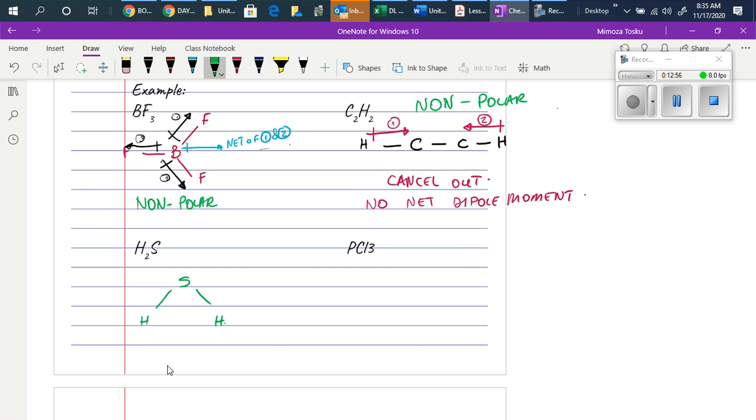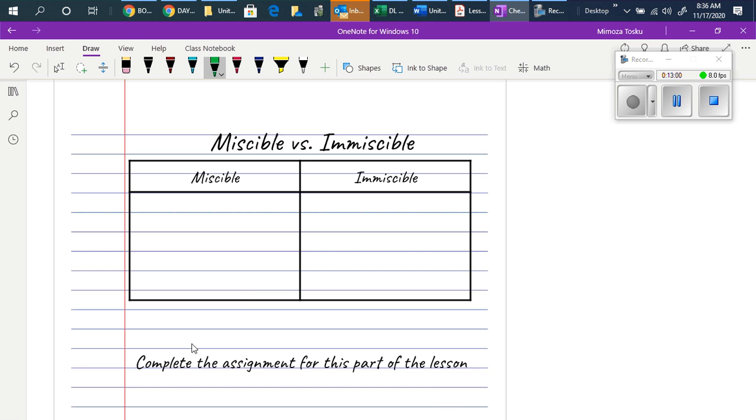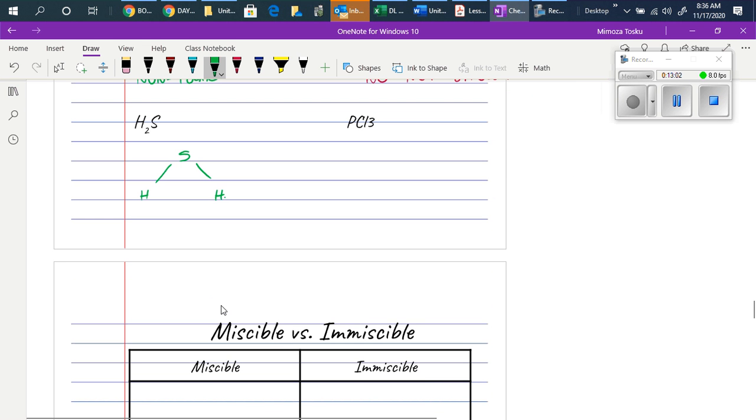Okay, so now if we take a look at the difference of electronegativity, we will see that it is towards sulfur. So the dipole moment for this will be in this direction, and the dipole moment for this will be in this direction.